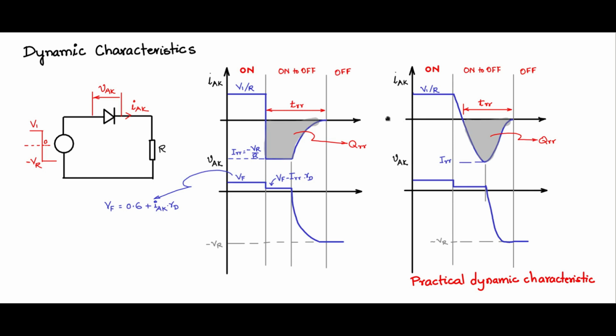That is, we can consider it almost instantaneous. But on to off, turn off time is a significant time, and that is a serious challenge in many circuits, and a proper choice of the diode has to be made for use in fast switched circuits.